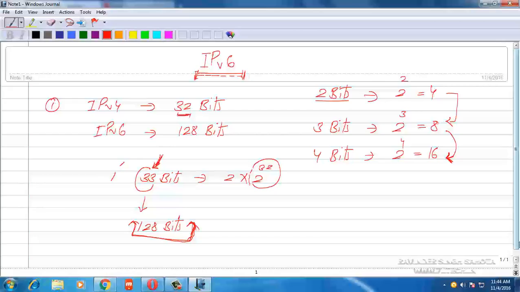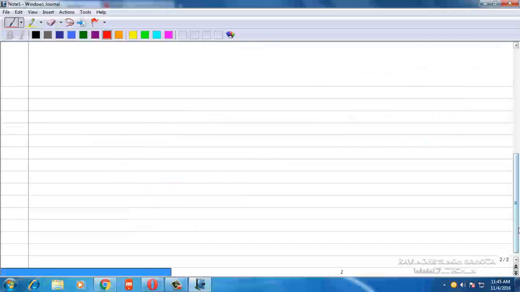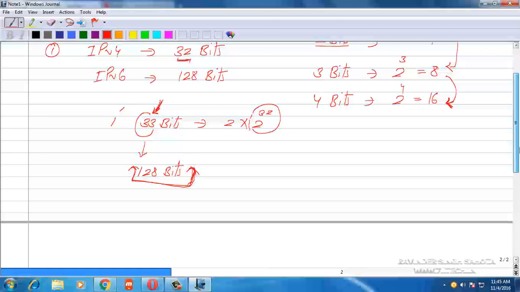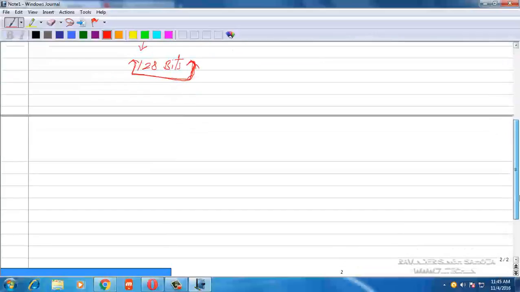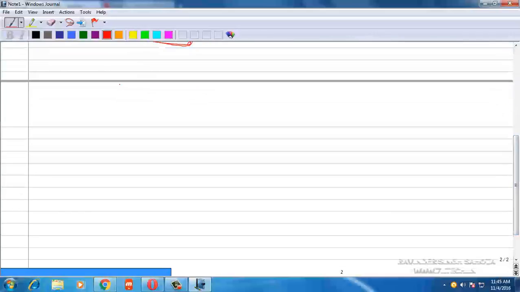Second thing, if we talk about the notation that we use to write an IP version 6 address, how it is different from IP version 4. As you know, IP version 4 addresses are written in dotted decimal notation.